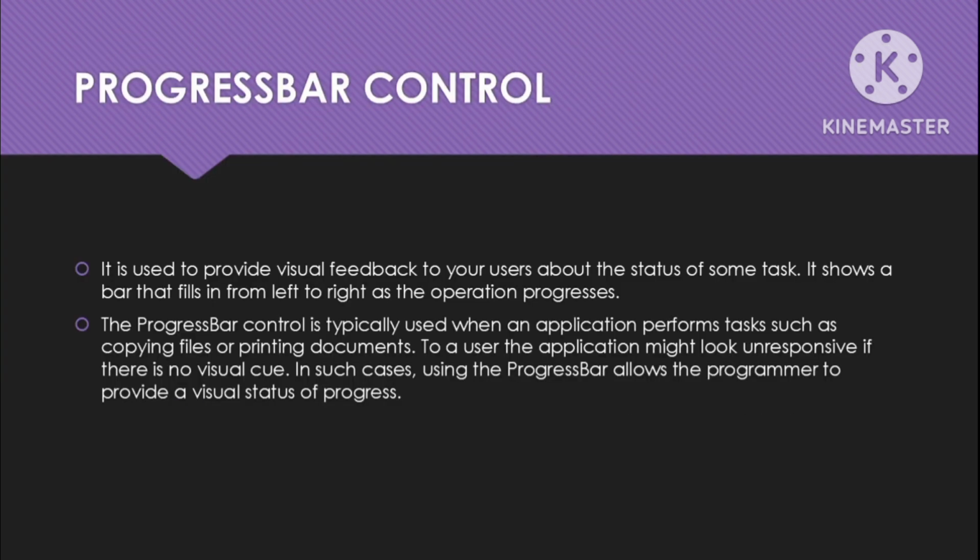Let's see. It is used to give visual feedback to the users about the status of some task. It shows a bar that fills in from left to right as the operation progresses. So what is the use of this progress bar? It is a feedback which gives us the status.